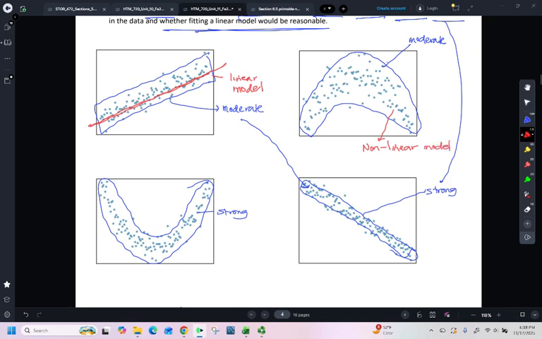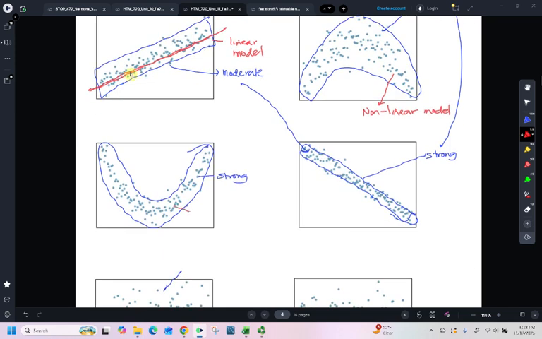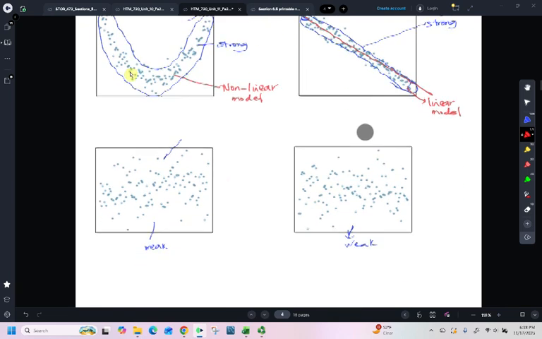This is also a non-linear model. This will follow a line, so definitely a linear model would be a good representation. And those that are weak, we have what? No association, more likely. In other words, we don't need a model to represent an association that does not exist. The same goes with this.